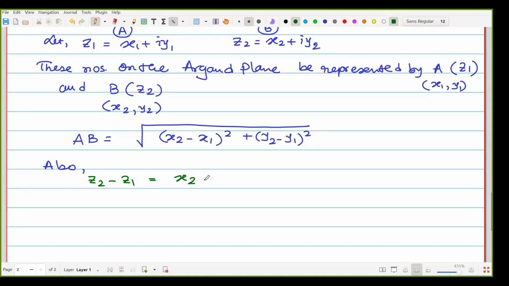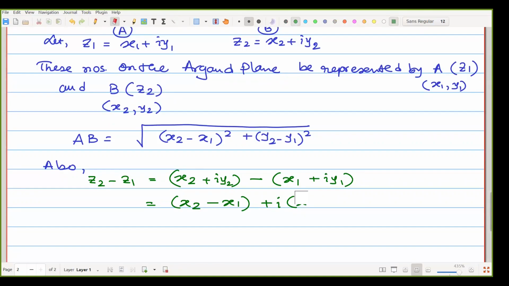So (x2 plus iy2) minus (x1 plus iy1), which is (x2 minus x1) plus i times (y2 minus y1). So look at the x, that means the real part, and the coefficient of the imaginary part.